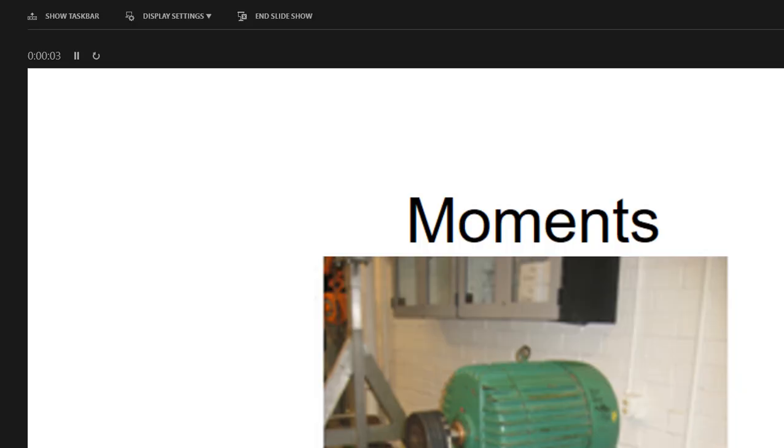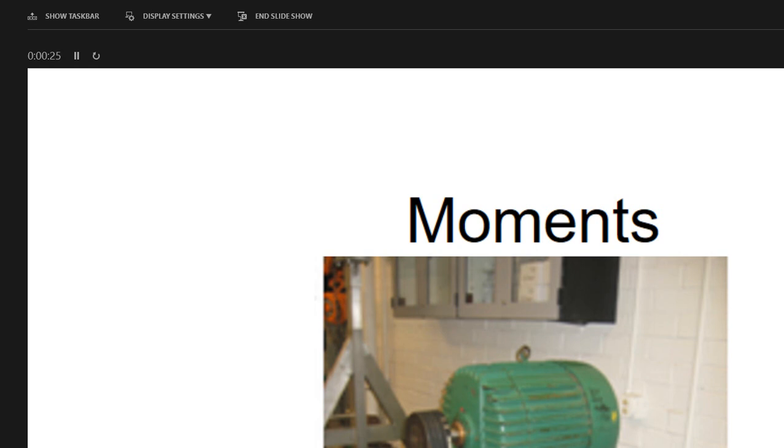Okay, we're good. All right, so what we got going on here is we've got a green motor on the top that outputs a torque. That shaft is being spun with a certain amount of moment, twisting action. And what that's going to do is turn, I believe that's a pump down below in blue, okay? So this is called a moment.